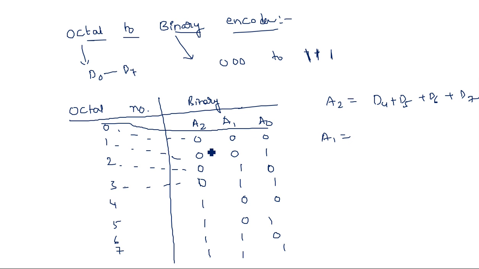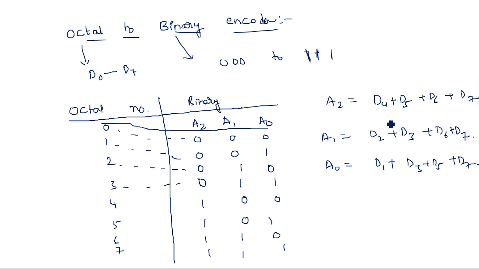And A1 is equal to D2 plus D3 plus D6 plus D7. A0 is equal to D1 plus D3 plus D5 plus D7.